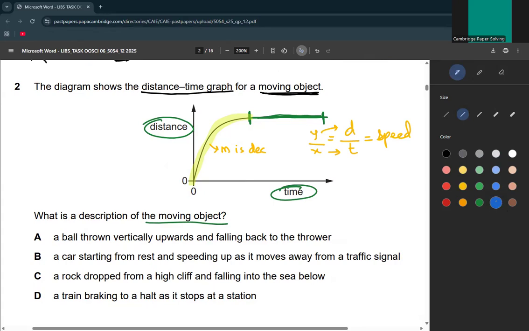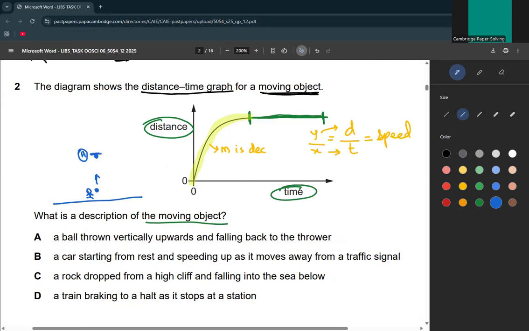A ball thrown vertically upwards and falling back to the floor. Let's imagine it. This is the ground. A person is here who has thrown the ball upwards. So the ball will reach a maximum height. Okay, this is the maximum height. What will happen here?